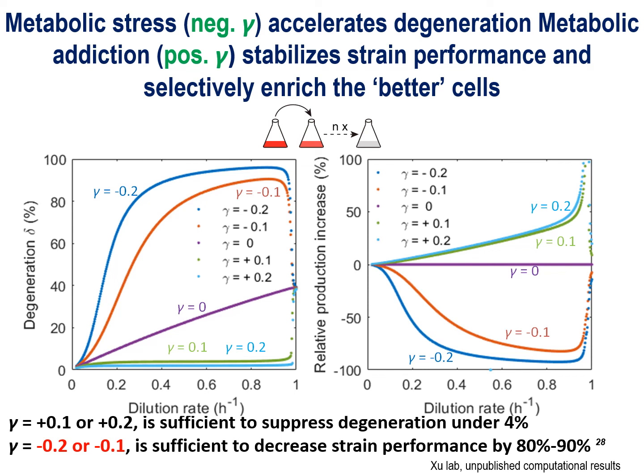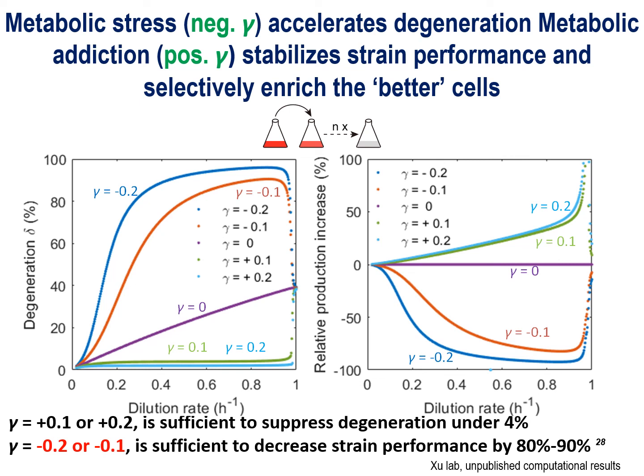In the same way, if you have a positive gamma, which means the final product benefits the growth fitness, the degeneration efficiency will be kept under 4%, for example for gamma 0.1 and gamma 0.2. On the other hand, looking at the relative production increase, when you have a metabolic addiction and increase the dilution rate, the production can increase quite significantly.